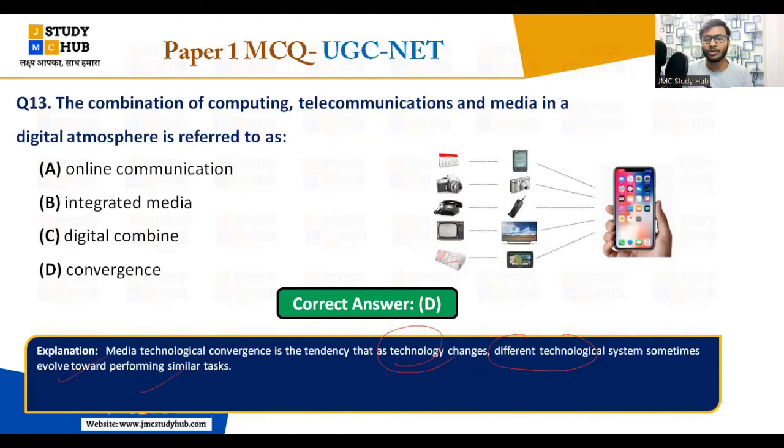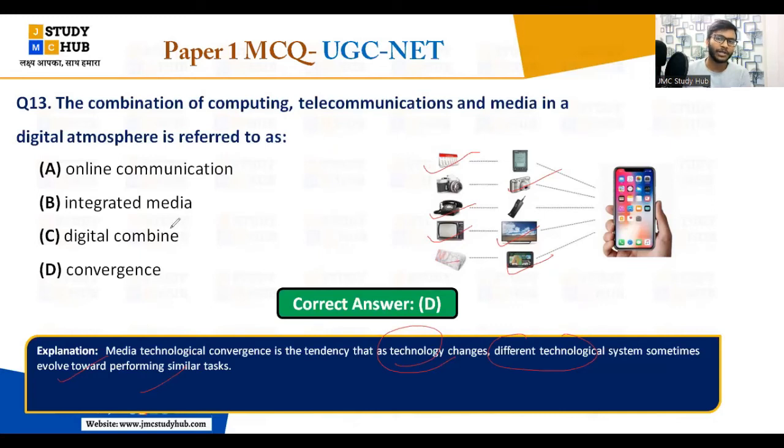The picture clearly defines the convergence here. In the mobile phone we have the camera, computers, gaming, messages, telephone, televisions, calendars; all these things we can do as multitasking on a single device. That is the example of convergence.